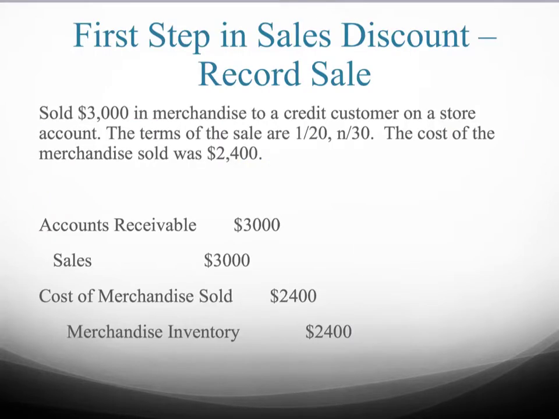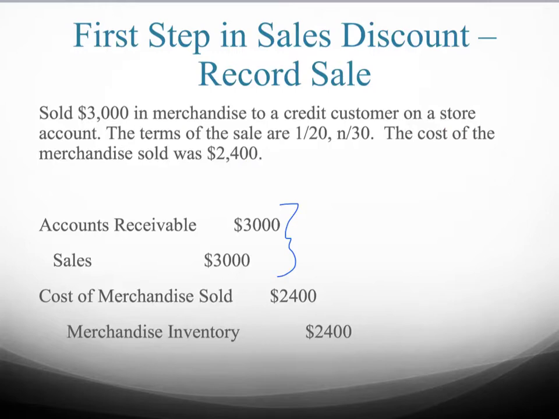Let's take a look at how we journalize for sales discounts. Let's follow along. Sold $3,000 in merchandise to a credit customer on a store account. The terms of the sale are 1/20, net 30. The cost of merchandise sold was $2,400. First, we're going to record the sale. We have accounts receivable and sales.